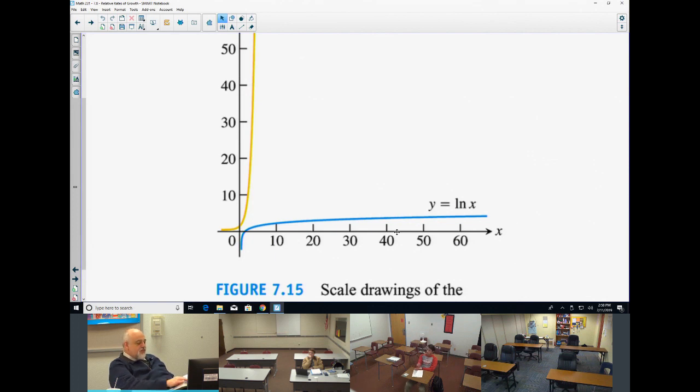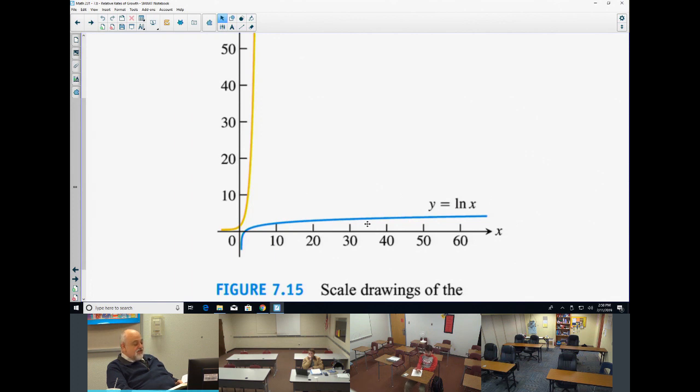Okay. Now, compare it. So now with natural log, it's just the opposite. The x values go quickly, but the y values, although they go to infinity, go very, very slowly.